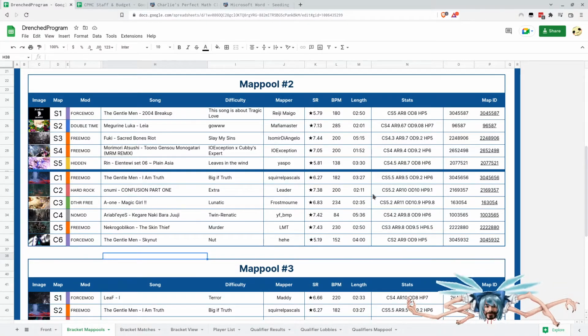Now, someone who absolutely sucks at AR10, let's say they just hate AR10, they can't read it. This pool would suck for them if they are a No Mod 1 player, right? They are one of those No Mod only nerds. Sure, they might do fine on Sacred Bones or Kegara and Nakibara Juji, but they would be annoyed that Confusion Part 1, the map they would supposedly be good at, is Hard Rock.